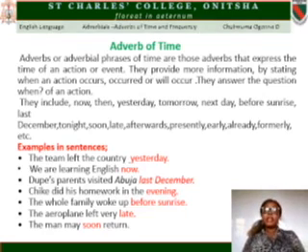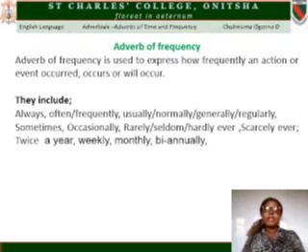Okay, let's now look at the adverb of frequency. Adverb of frequency is used to express how frequently an action or event occurs or will occur. They include always, often, frequently, usually, normally, generally, regularly, sometimes, occasionally, rarely, seldom, hardly ever, scarcely ever, twice a year, weekly, monthly, biannually, and so on and so forth.